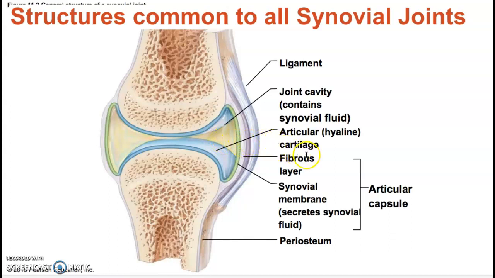The fibrous layer and the synovial membrane combined make what's called the articular capsule. And it's good to remember that right here, there's articular cartilage, some hyaline cartilage that makes it easy for the bones to slide against each other.